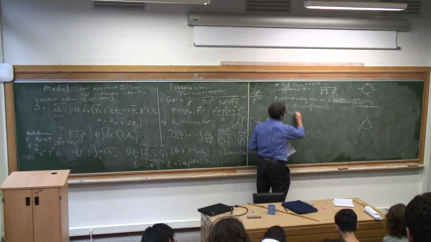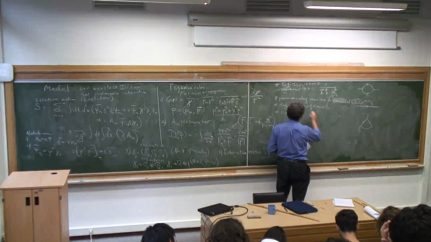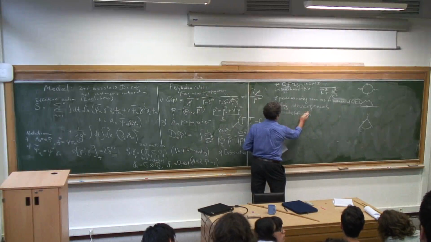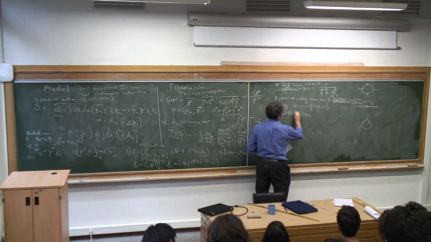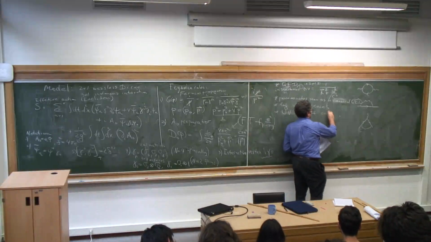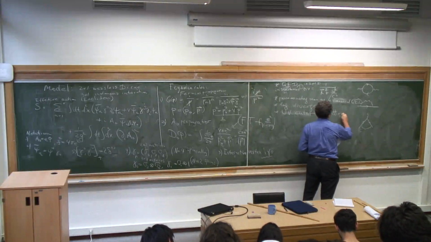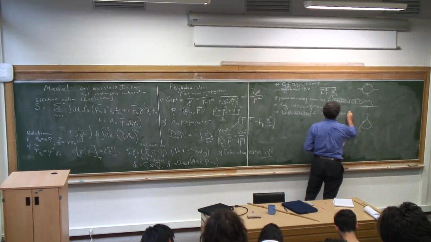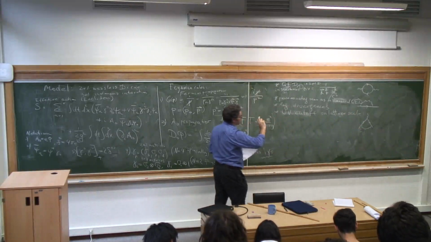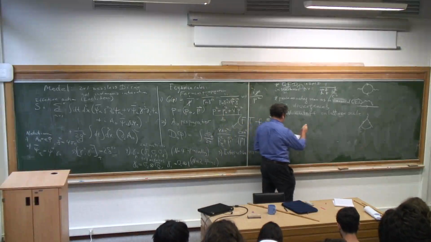So in our case, there will be a UV cutoff on the lattice scale, or in terms of energy, it will be the graphene bandwidth.